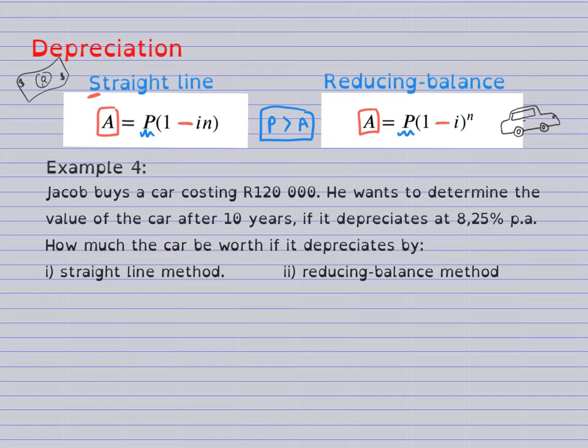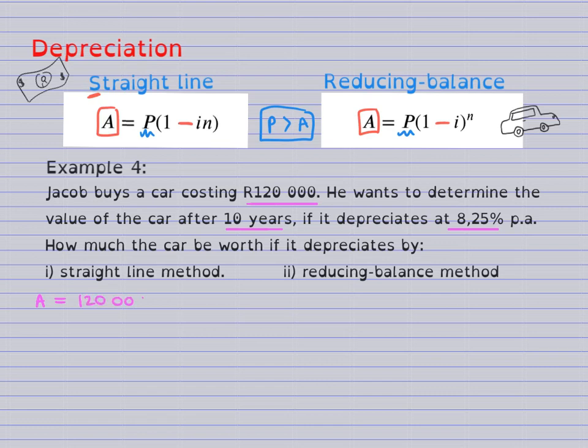Okay, so our important information is that's what it costs. That's going to be your principal amount. This will be your I value, your 8.25. We're going to convert it into a decimal. So let's see what happens. With the straight line method, which is like the simple interest formula, we just replace that plus with a minus.